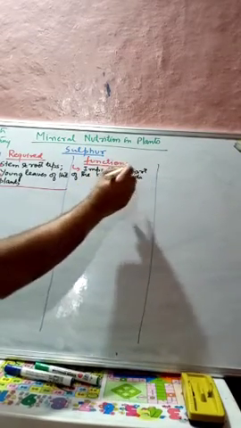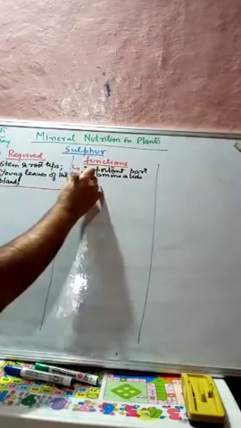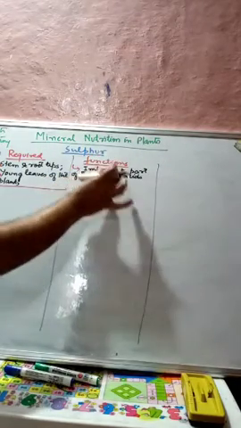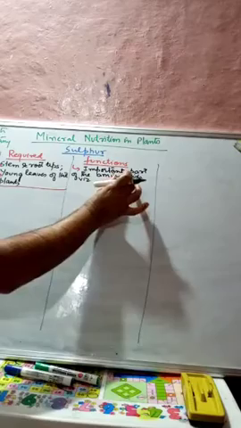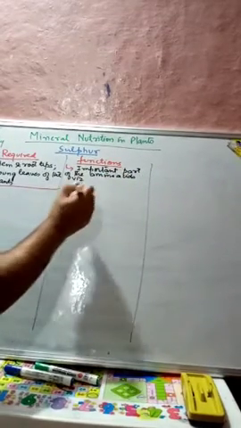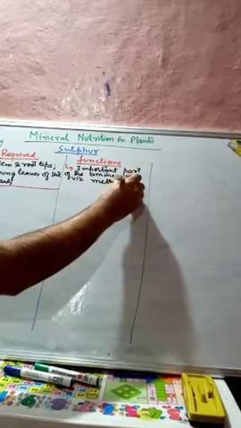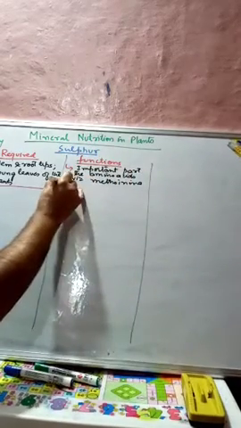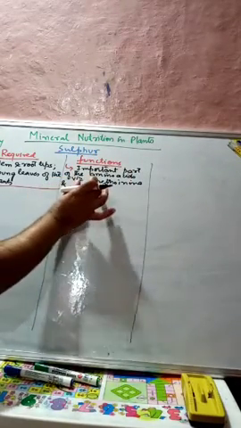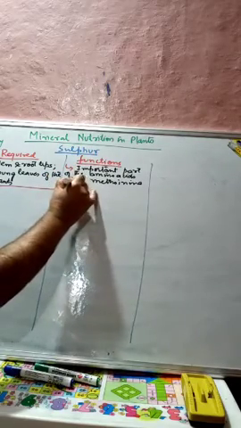What are those amino acids? Namely, sulfur is an important part of the various amino acids, namely methionine, and the second one, that is cysteine.